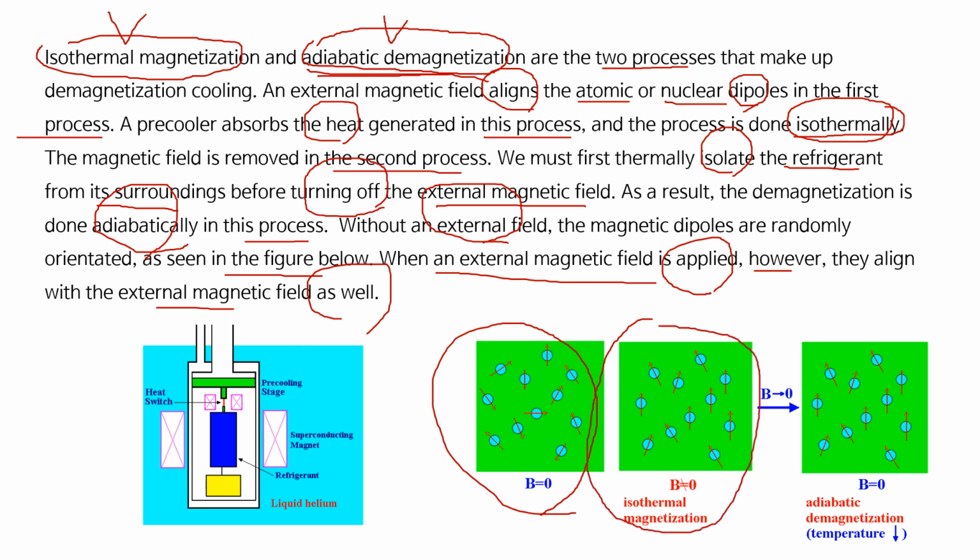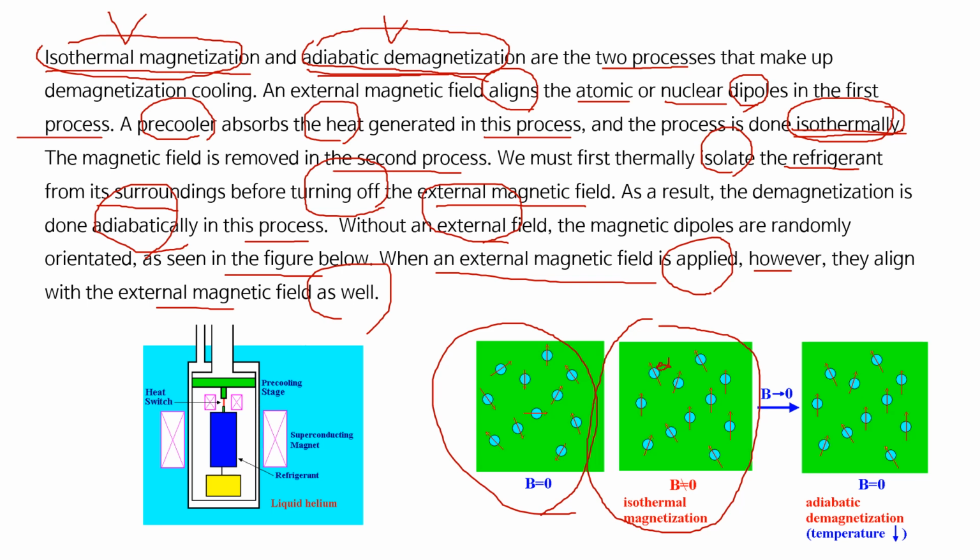So this process is the isothermal magnetization, and during the magnetization, heat is generated, and this heat is absorbed by a precooler such that this process is performed isothermally.